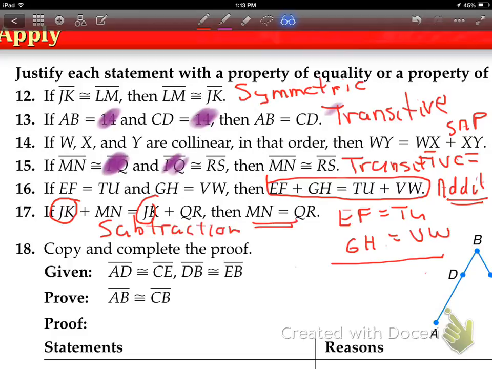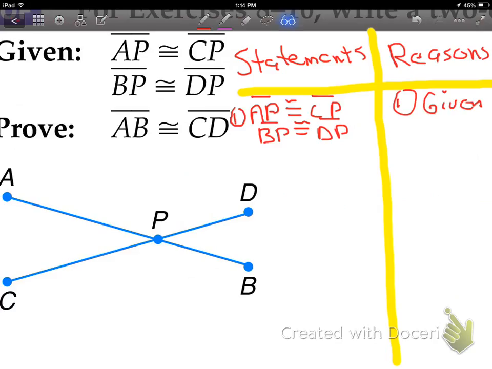Okay, we had one little proof to do. It was number 12. Got this over on the next page, and I've started off by writing the given down as the first step. I'm going to mark on the diagram what we know. Segment AP is congruent to segment PC. And segment BP is congruent to segment PD.